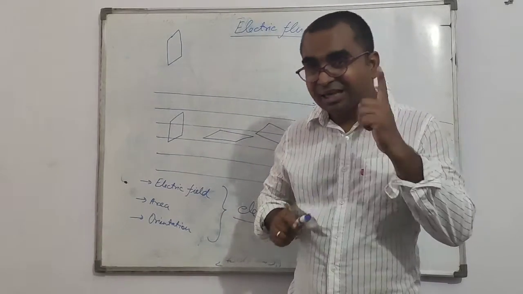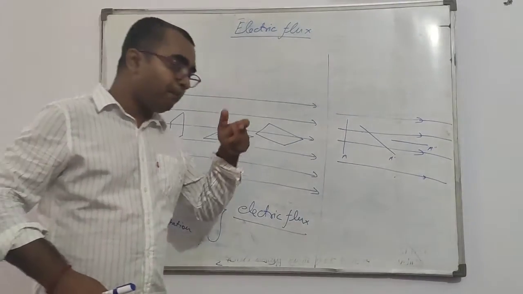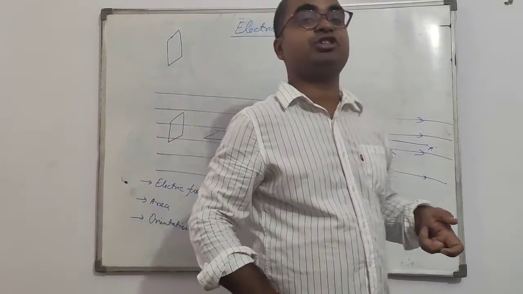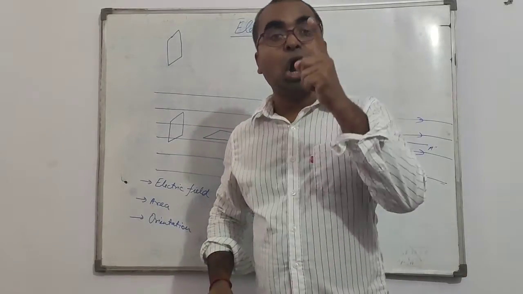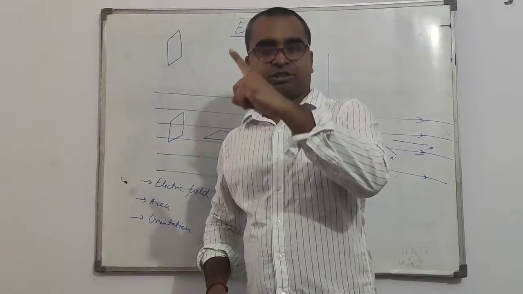But before discussing this, I am saying again, what is electric flux? The number of field lines passing through an imaginary surface area is called electric flux.